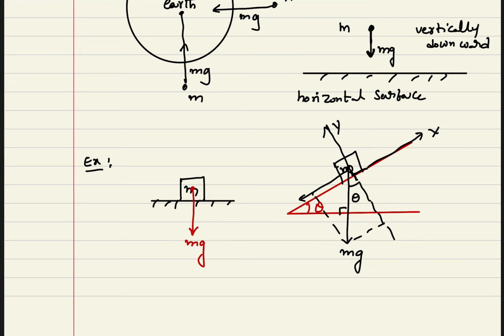With the angle theta, the values are mg cos theta in one direction and mg sin theta in the other. This is the resolution of vectors. The only force acting is the weight mg.